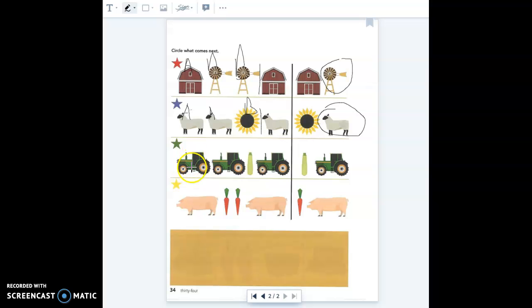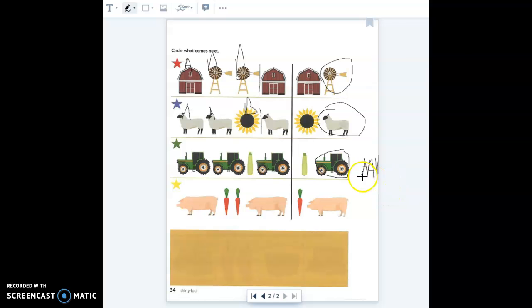Looking at the third one, tractor, tractor, vegetable. We'll just call it a vegetable. I'm not sure what they think that is. Maybe a cucumber. Tractor, tractor, cucumber. Tractor, what would come next? I need another tractor. What type of pattern is this one? It's an A, A, B pattern.